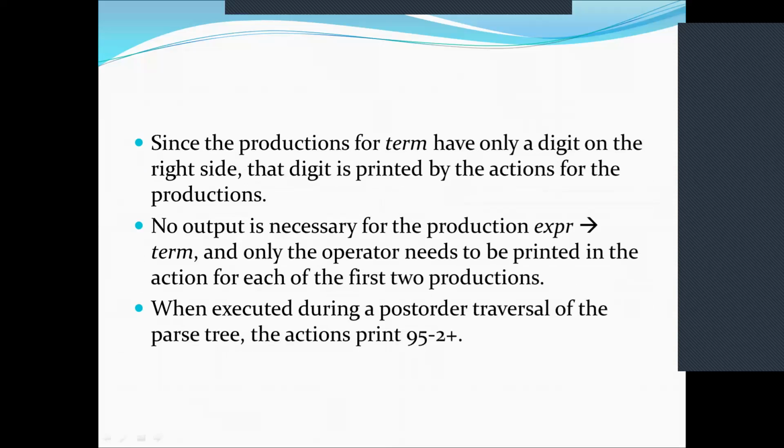So when executed during a post-order traversal of the parse tree, the actions print 9, 5, minus 2 plus. As I said, the action to be taken is just the writing of the digits. So accordingly, the print action will decide what has to be written and how it is written, so that in the extra node of the root, it does the action of writing the digits.